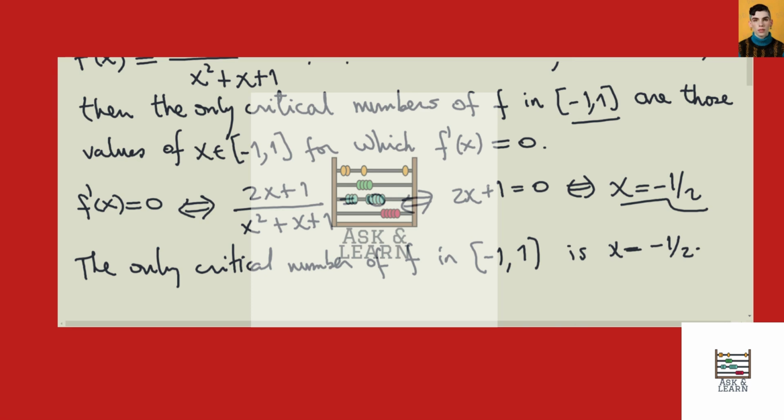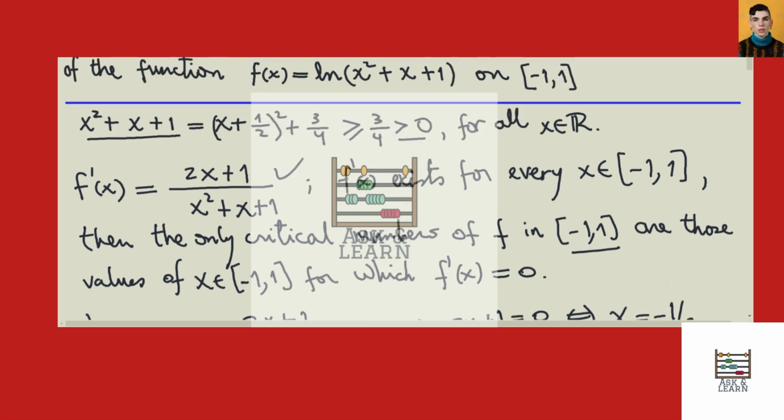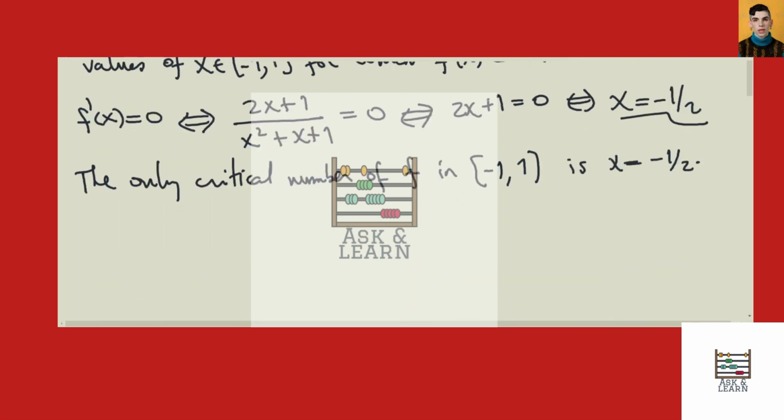Then we have to evaluate the function there and at the endpoints -1 and 1. We start with the endpoints. f at -1 is natural logarithm of (-1) squared plus -1 plus 1. These values cancel out, and we have natural logarithm of 1, which is 0.